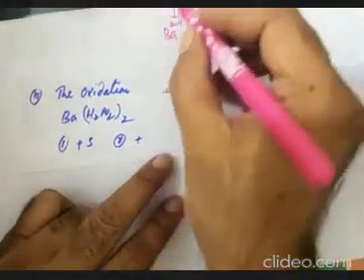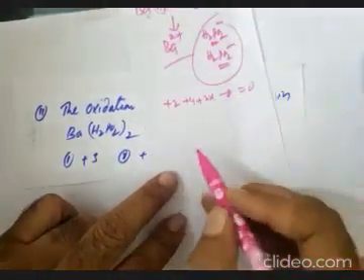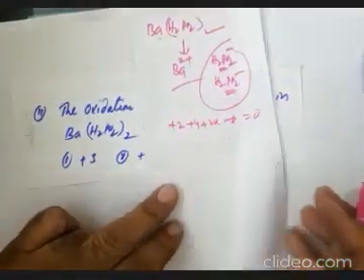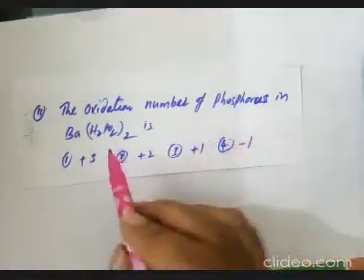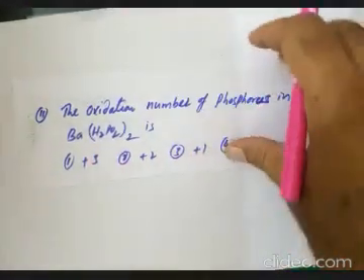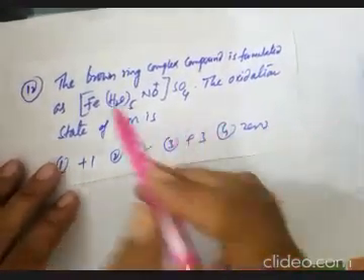You can split Ba(H2PO2)2 or calculate in the regular way. So what is the answer? Answer is +1. This is a normal question only. This one is repeated many times in competitive examinations.